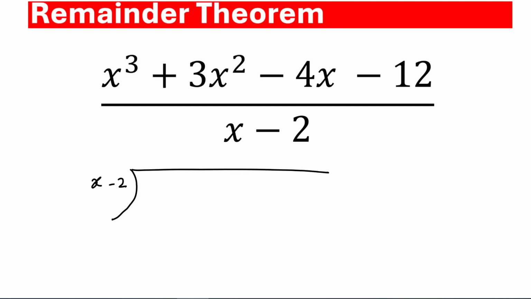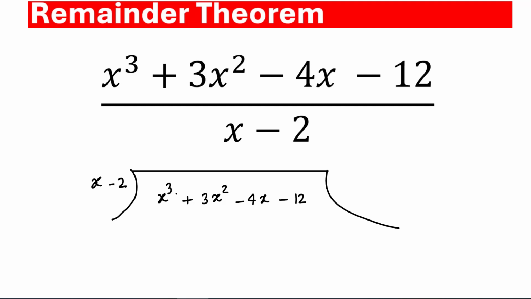So you have x minus 2 and you want to divide x cube plus 3x square minus 4x minus 12. The first thing is we look for a term so that if we multiply that term with x, we will have x cube.